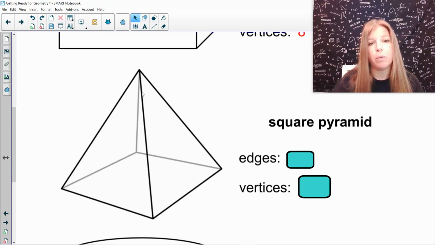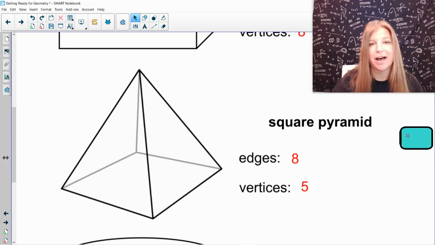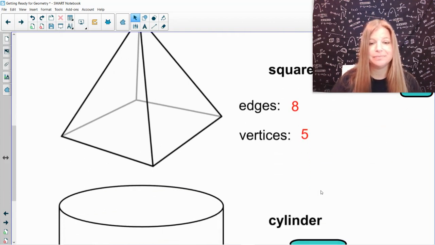So I have 1, 2, 3, 4. 4 edges on the bottom, 4 edges along the outside top there would give me a total of 8 edges. Vertices. Well, there are 4 vertices, just like we had in the rectangular prism at the bottom, at the base. 1, 2, 3, 4. But where the rest of the edges meet is at the tippy top of the pyramid, and that would give me a total of 5 vertices.